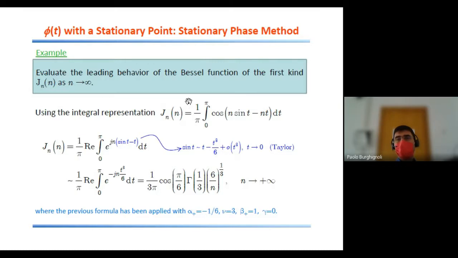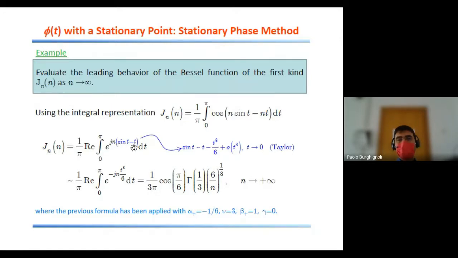In particular, we will use an integral representation, which is 1 over pi times the integral from 0 to pi of the cosine function, having as argument n times the sine of t minus nt, where t is the integration variable, written as the real part of an exponential e to j n times (sine t minus t).